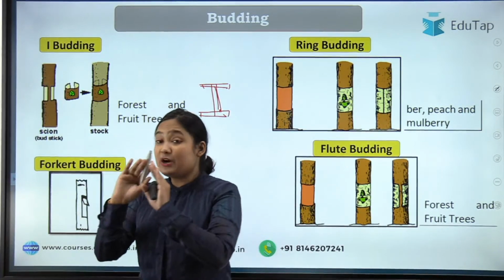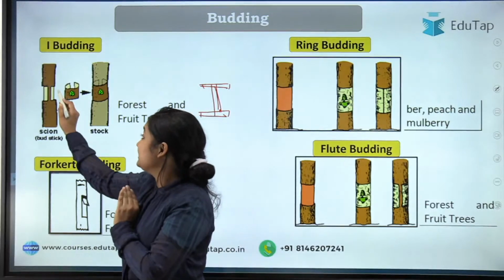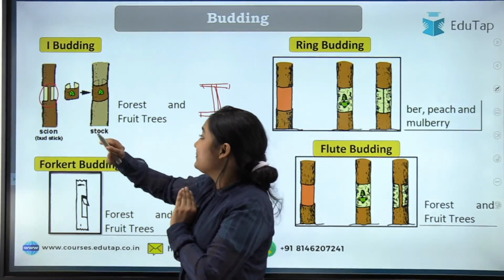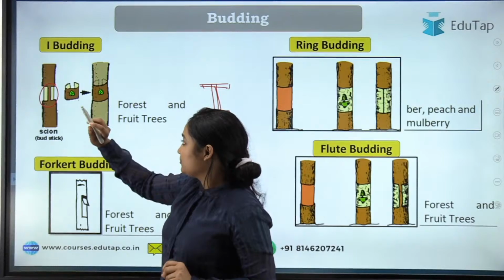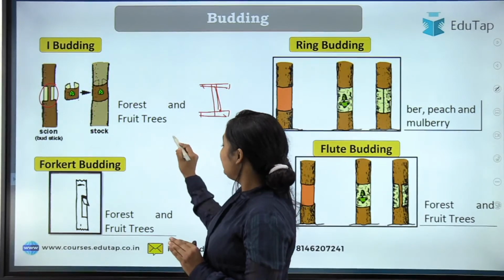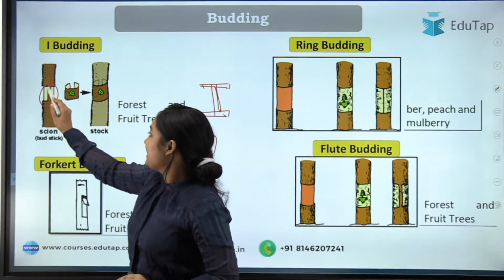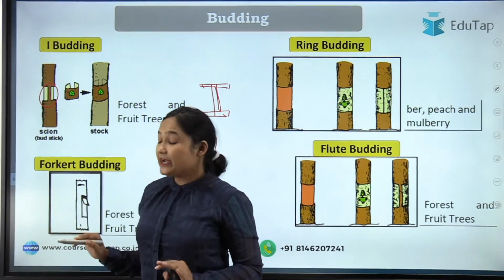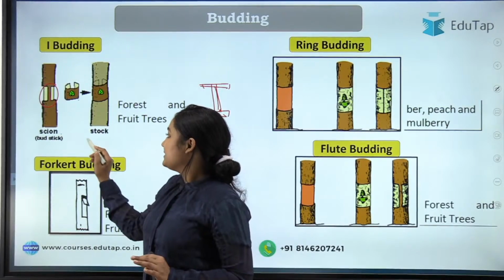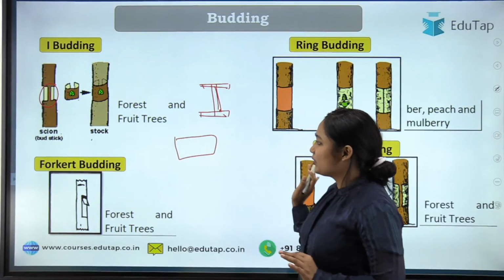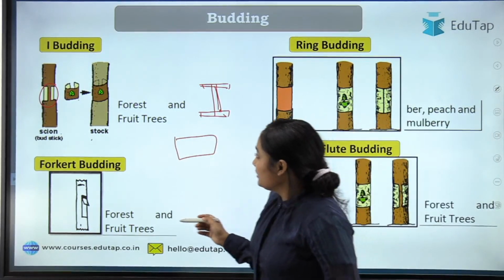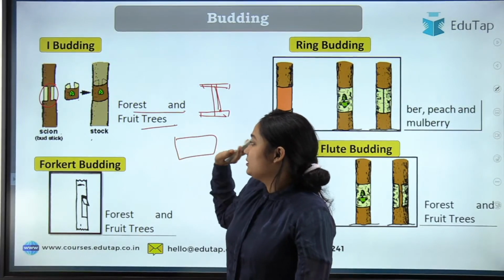See, you are removing the whole ring, but you are leaving a little part here. That is eye budding. Now what will you do? The bud part you are taking will also be in a rectangular shape, and it will cover the whole plant, but this part will not cover. Okay, so that is your eye budding, scion and stock. It is done in forest and fruit trees.